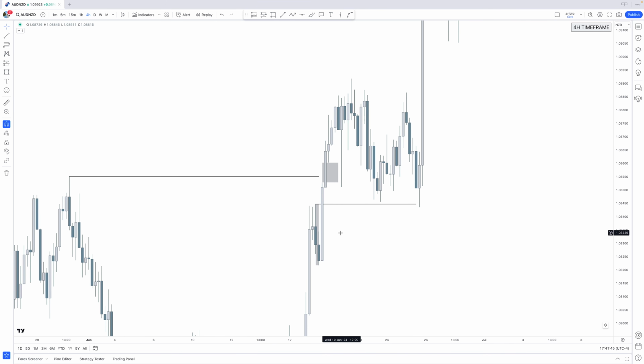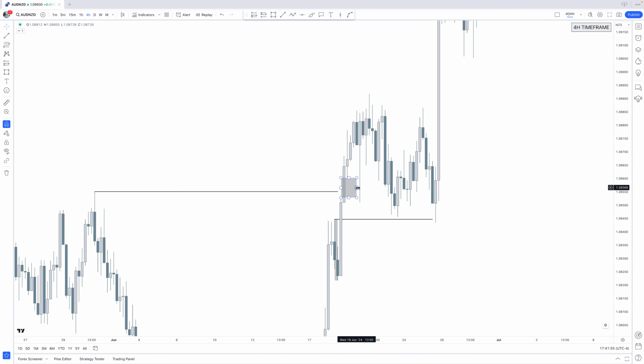Now think about why this is. If we try to continue higher from a fair value gap alone, that's one discount array. If we combine a fair value gap with a fair value area like this, that is 2 discount arrays that we can potentially continue higher from. That's double the strength of only a fair value gap.